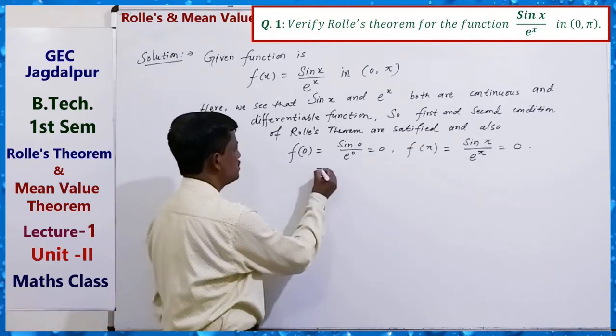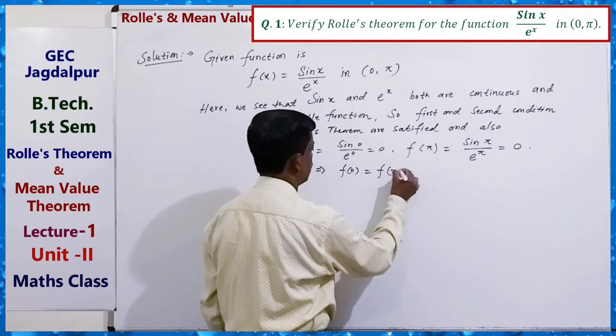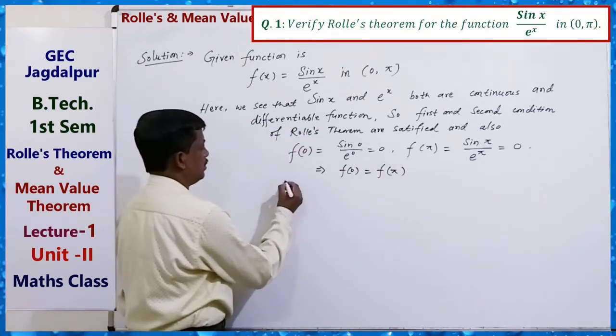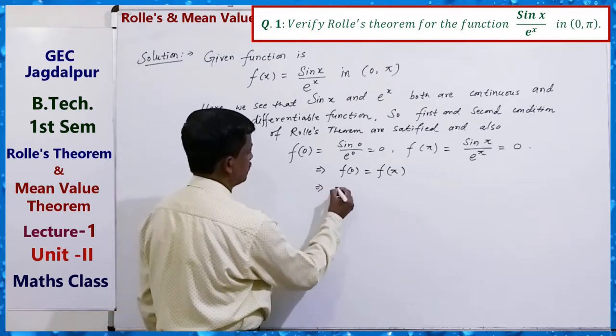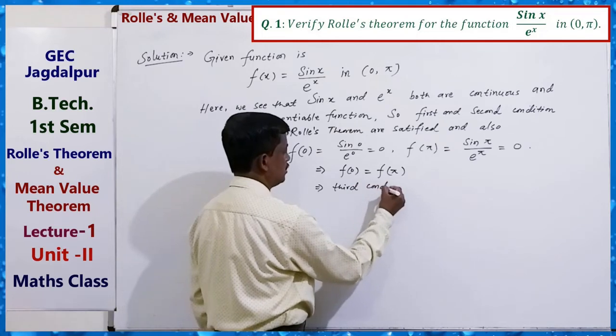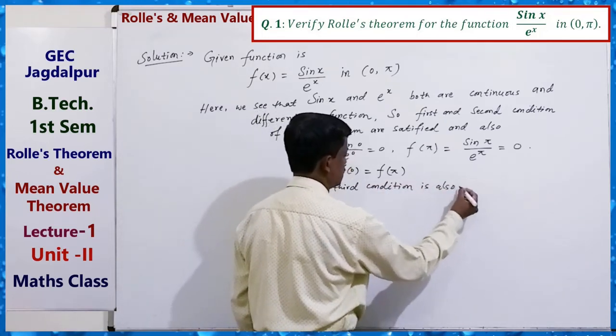That implies f(0) equals f(pi), which implies the third condition is also satisfied.